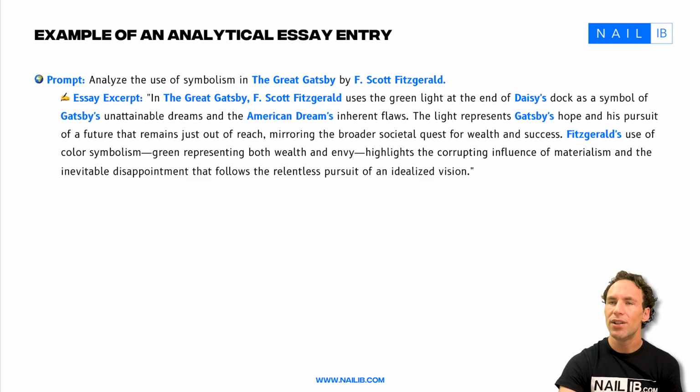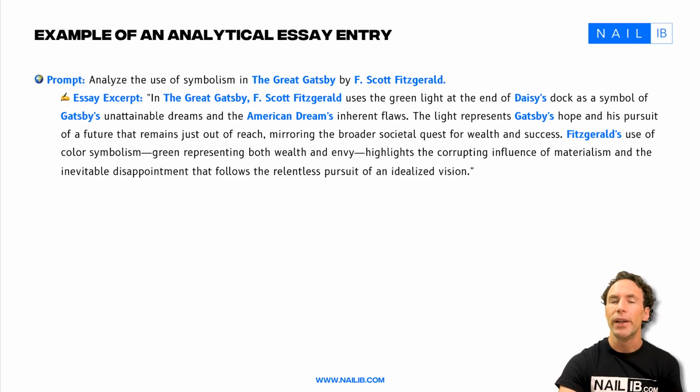And this dual interpretation is also very essential for showcasing the student's ability to engage with the novel on multiple levels. It then further enriches this analysis by discussing the use of colour symbolism, specifically the colour green.